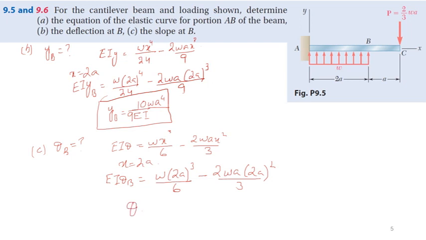When we simplify it, theta B will be equal to negative 4 WA cube divided by 3 EI. The negative sign means that the angle theta B is in the clockwise direction.